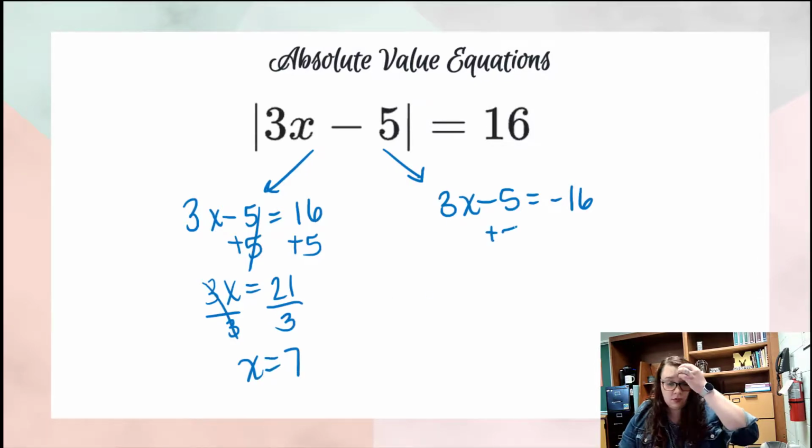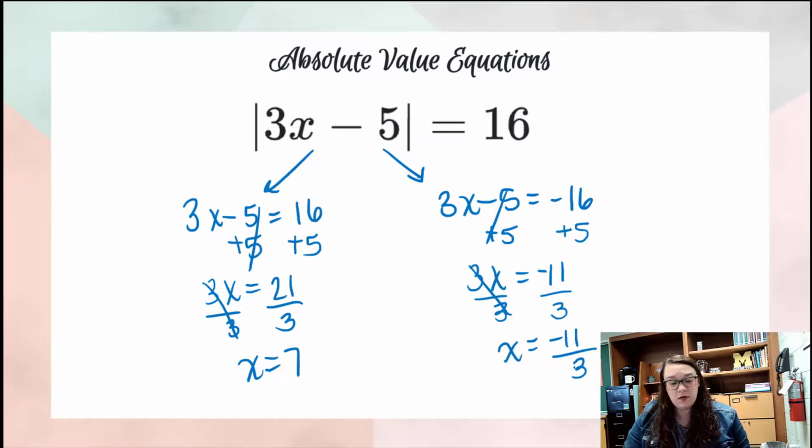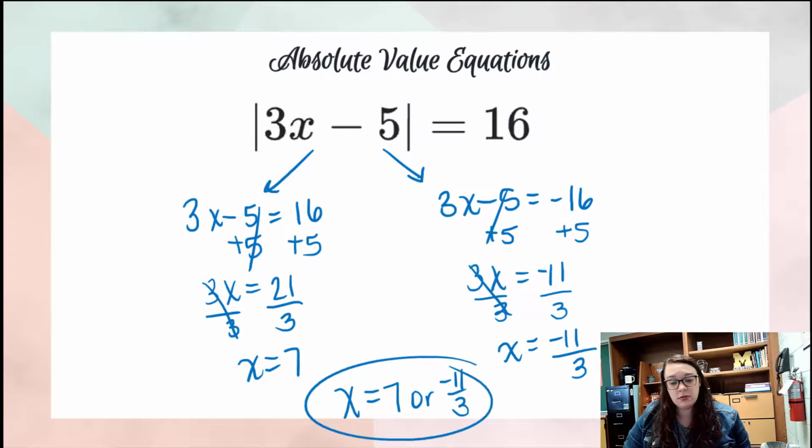The second one, we'll do the same 2 steps, adding 5. In this case, I'll get -11, and then dividing by 3, I'm going to leave it as a -11 over 3. It's not going to simplify.